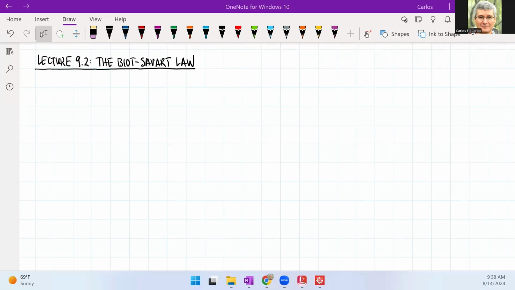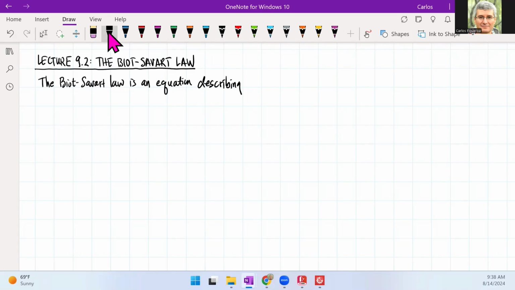Lecture 9.2, the Biot Savart Law. The Biot Savart Law is an equation describing the magnetic field generated by a constant electric current.